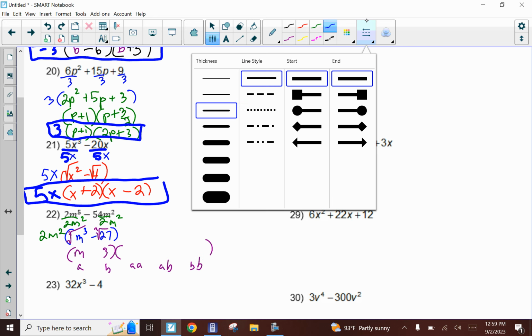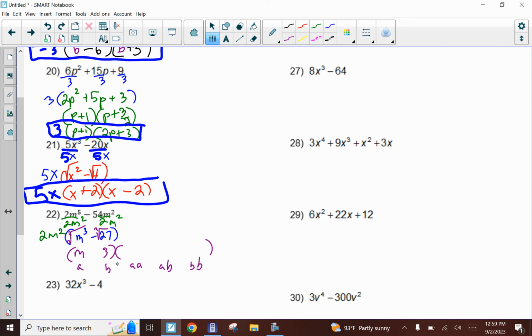So now we're going to go ahead and stick in a times a, which is m times m, so that's m squared. A times b would be m times 3, so that's 3m. And then b times b would be 3 times 3, which is 9. And we use the SOAP acronym, same, so it's going to be a minus because the original was a minus, opposite, and always positive. And then we have to stick the 2m squared out in the front.